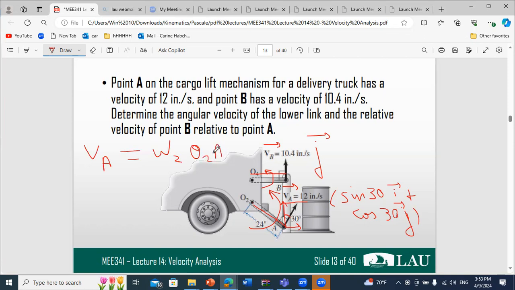So we know that VA in magnitude is 12. We know that the distance from O2 to A is 24. So 12 is 24 omega 2. So we get that omega 2 is equal to 0.5 radian per second.